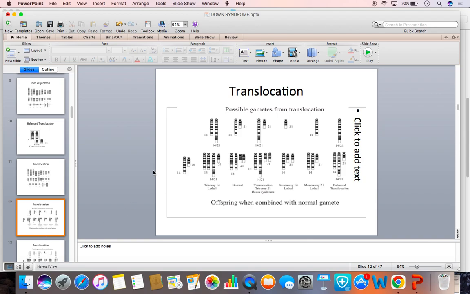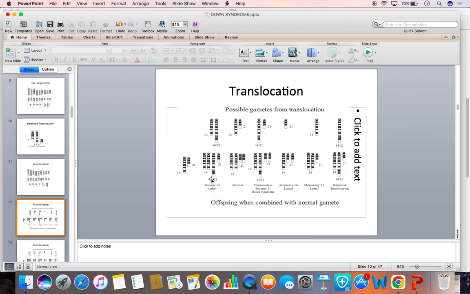Look at this particular picture. This is 14 and 21 chromosome. Both are normal. This is a pair of 14, chromosome 14. Okay. This is 14 plus 21, that is with the translocated 21 chromosome on 14, otherwise called trisomy 14 here.